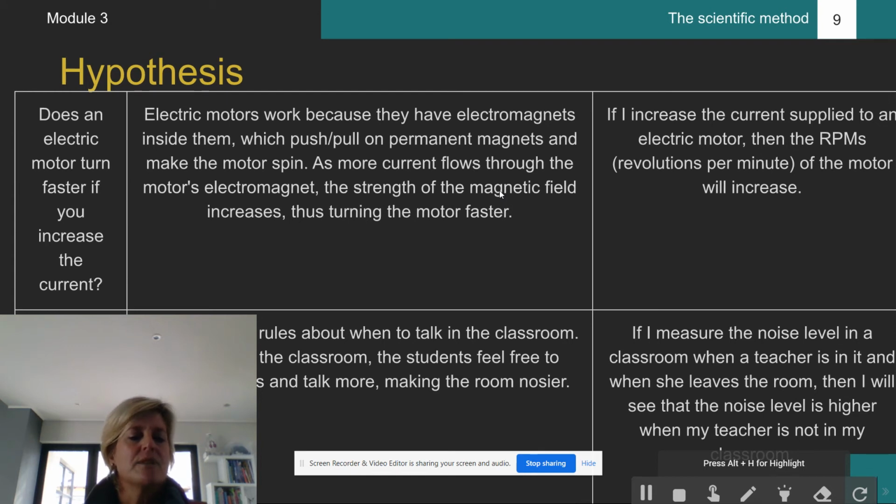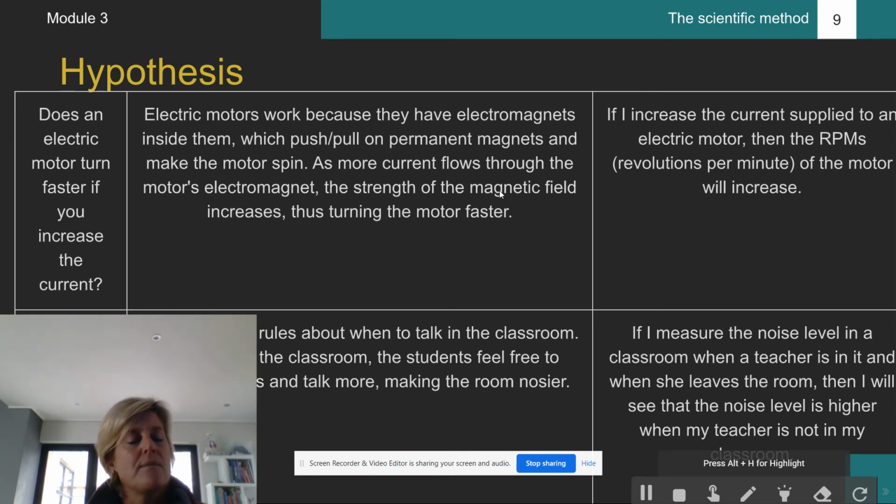Does an electric motor run faster if you increase the current? Hypothesis. Electric motors work because they have electromagnets inside them. These magnets push or pull the permanent magnets and make the motor spin. As more current flows through the motor's electromagnet, the strength of the magnetic field increases, thus turning the motor faster.